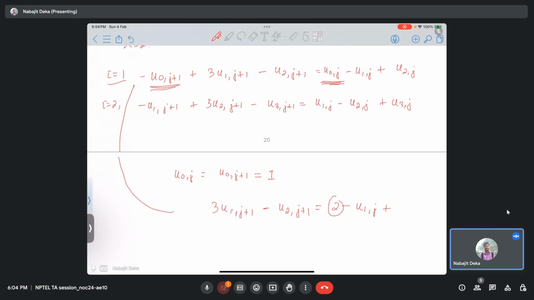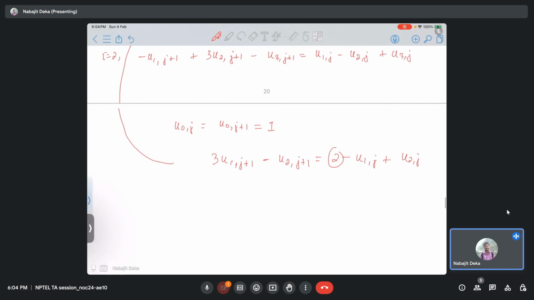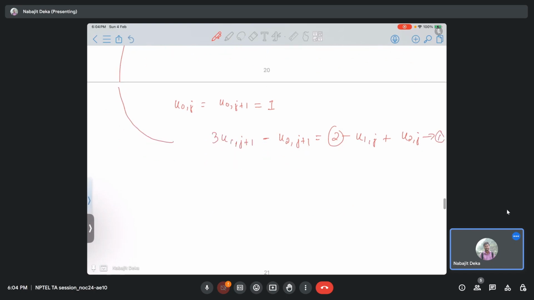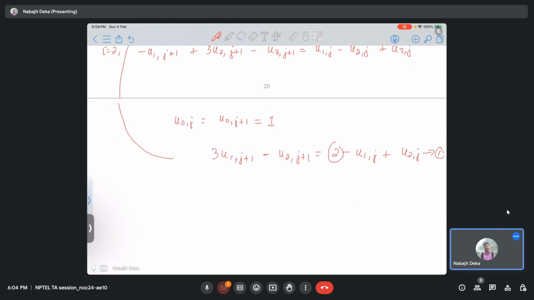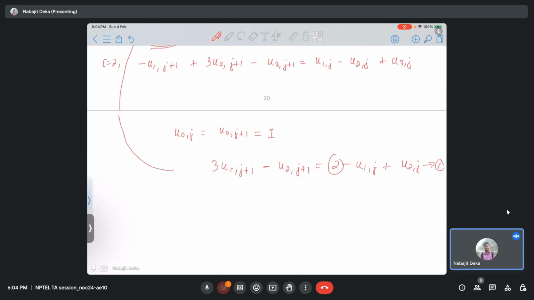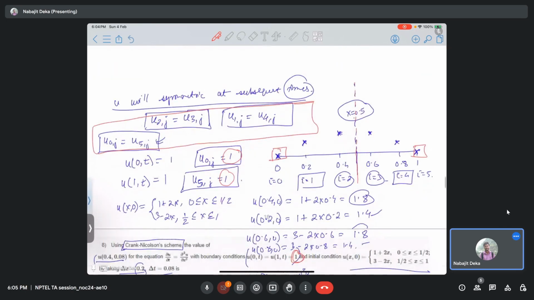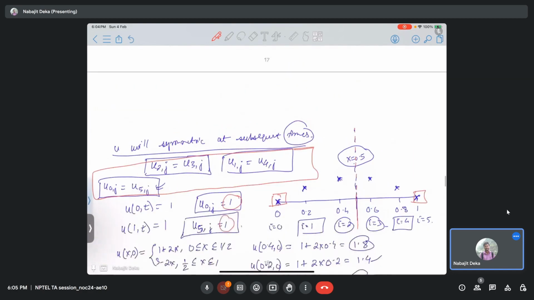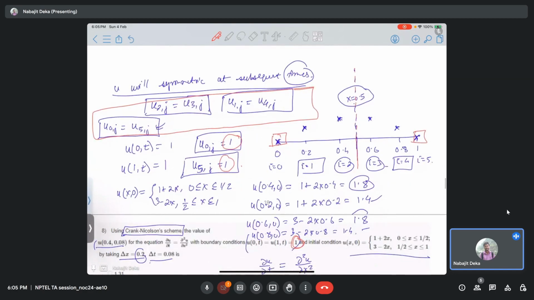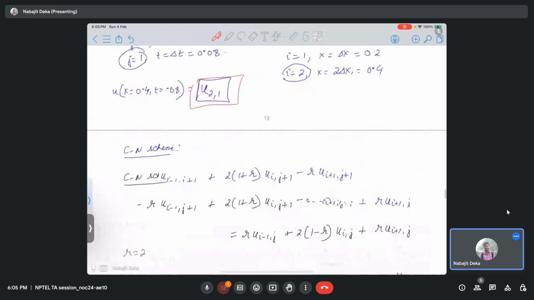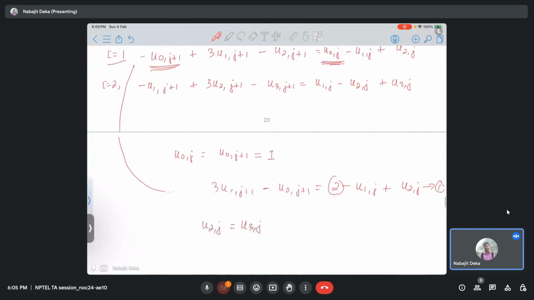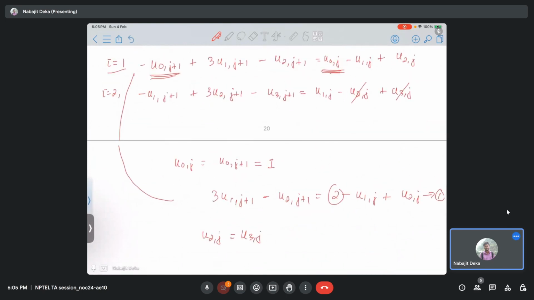So we'll have these two coming in from these two terms. If we club it, and then u2 comma j, we have this one equation here. Then for i equal to 2, we know from the symmetry condition u2 comma j will be equal to u3 comma j. That's what we saw here. So this was the condition from the symmetry, right? So these two will get cancelled.